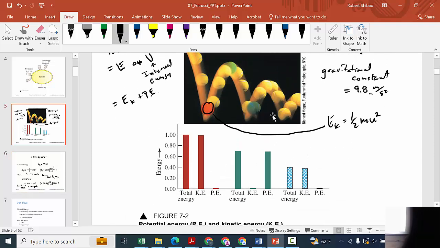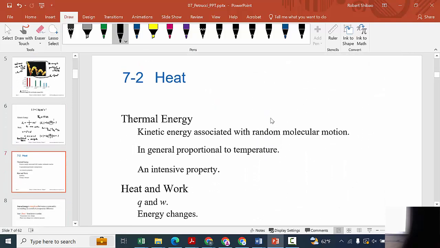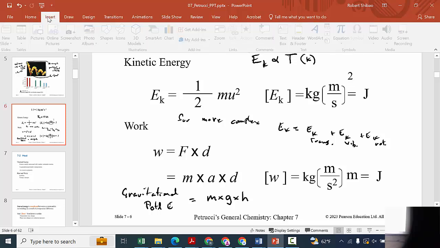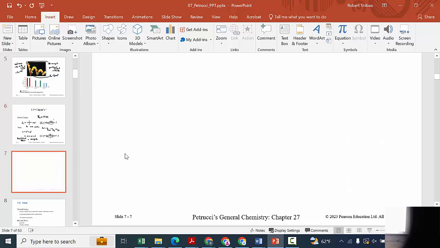And so we can do another example of this kind of system. An often used one is, let's say you're on a playground slide and you're at the top of the slide, but you're not moving down yet. Then what is your total energy?